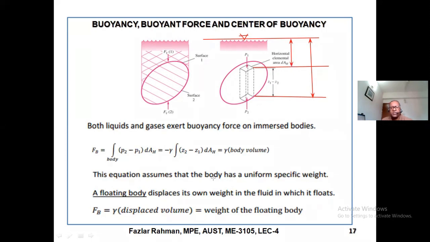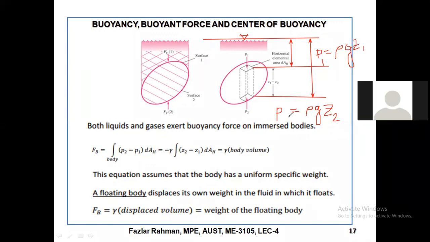I can say P equals rho g Z2, right? How much will be the pressure at the top surface? If I say P1 equals rho g Z1, and this is P2, then if you multiply by the area, you will get the force.